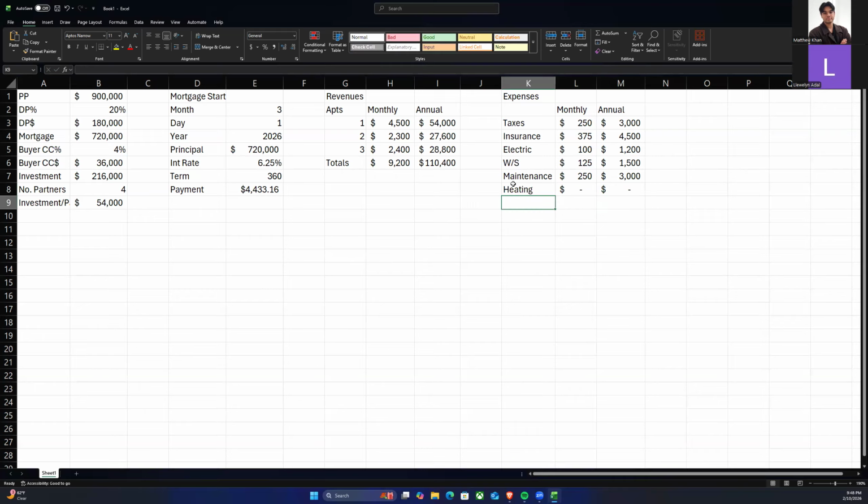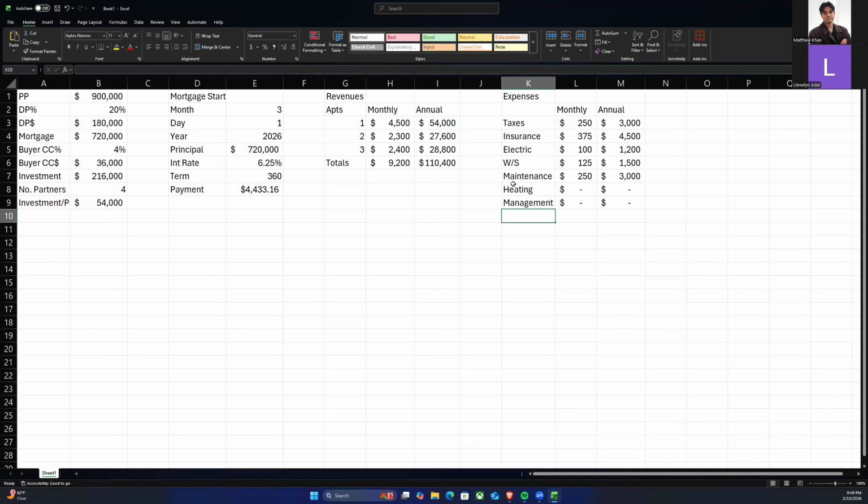Okay? But we want to have it as an expense that might be there for other buildings, because this serves as a template, right? Okay. After heating, the next cost is really something like management. Now we are self-managing, so you could put zero.